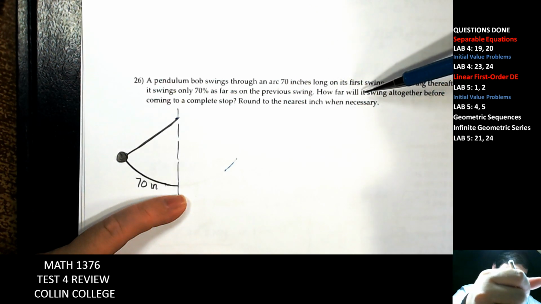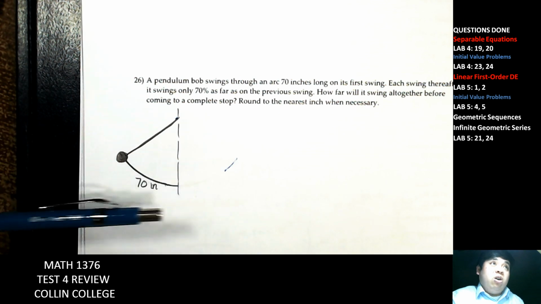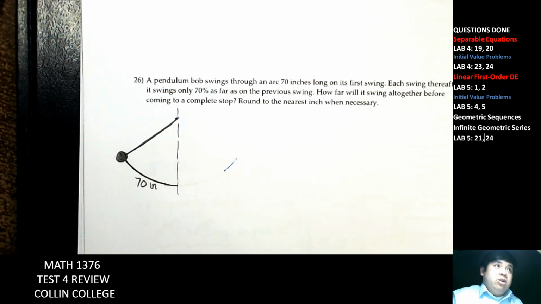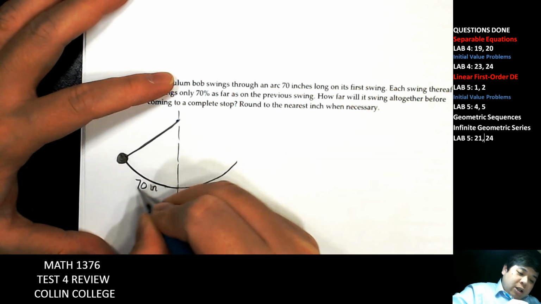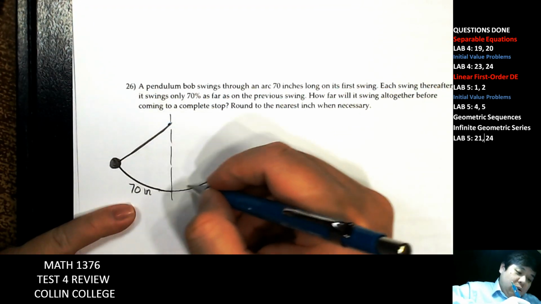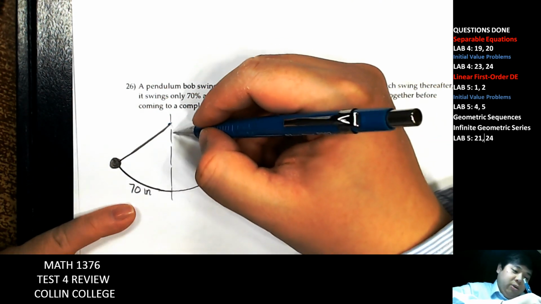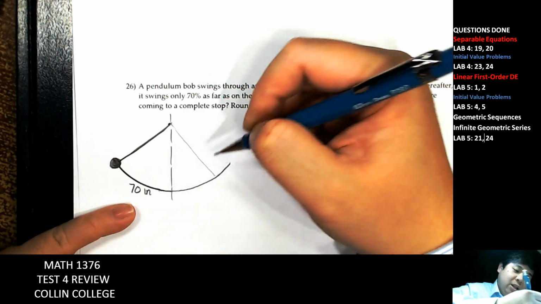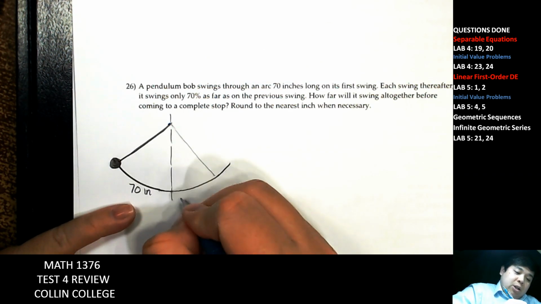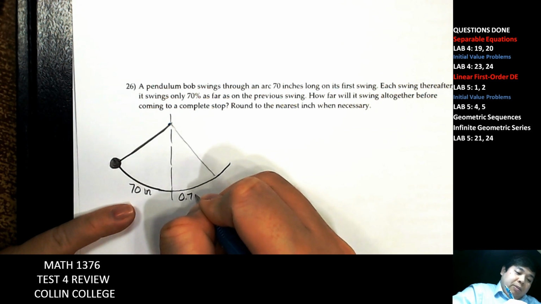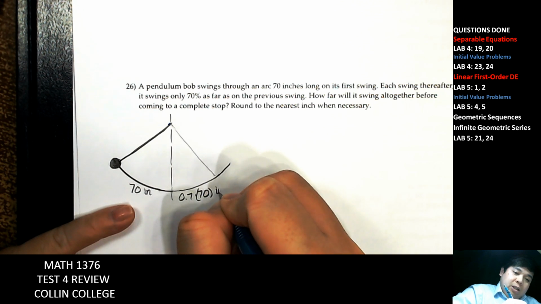The question didn't say whether it is from the middle or from the other side, but I assume it has to be from the middle. So the first one swings to an arc of 70 inches, and when it bounces back, it will not reach the original point, it will be a little less, only 70% of the previous swing. So we have 0.7 of the 70 inches.